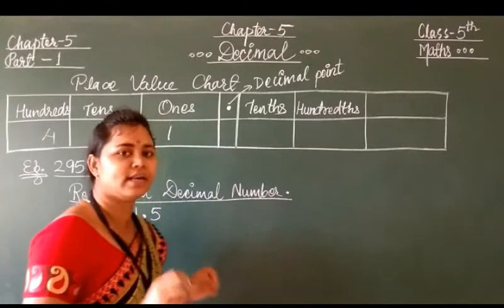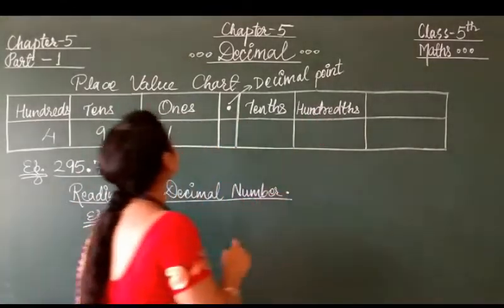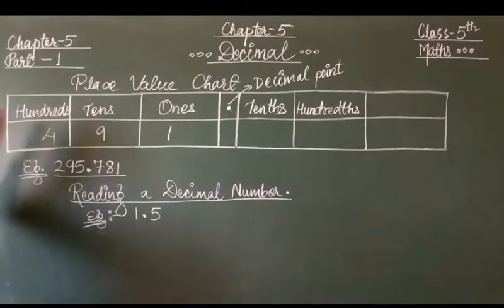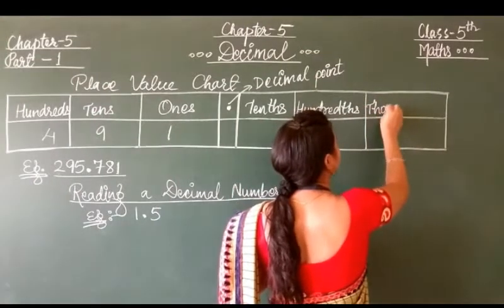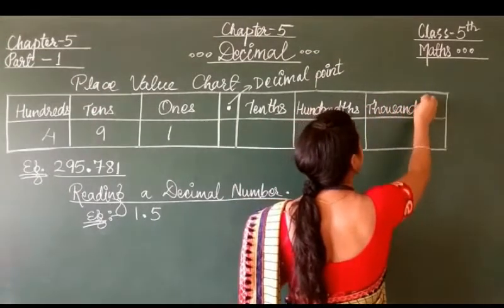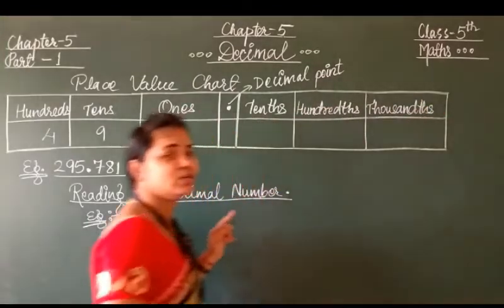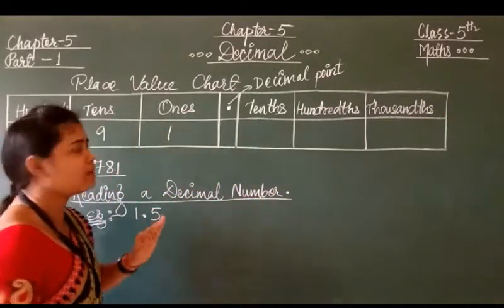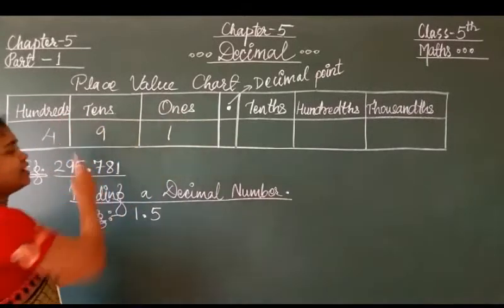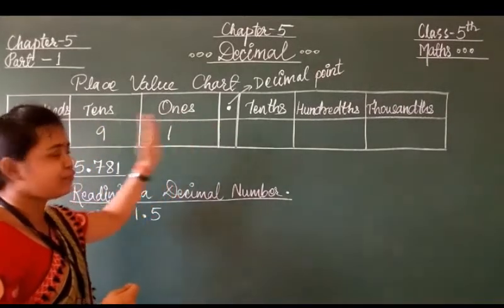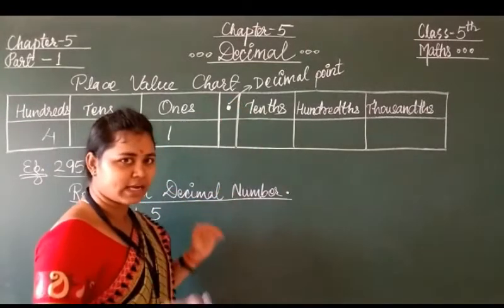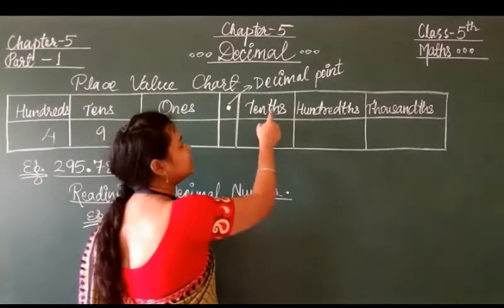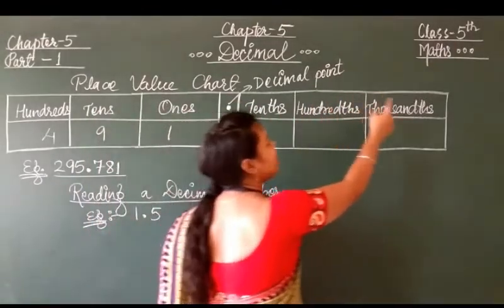This is called hundredths. After hundredths, we can move further and take thousandths, T-H-O-U-S-A-N-D-T-H-S. So students, remember one thing: ones, tens, hundreds, thousands, lakhs before the decimal. And after the decimal, we will not take the ones place again. We will start after the decimal with tenths, hundredths and thousandths.